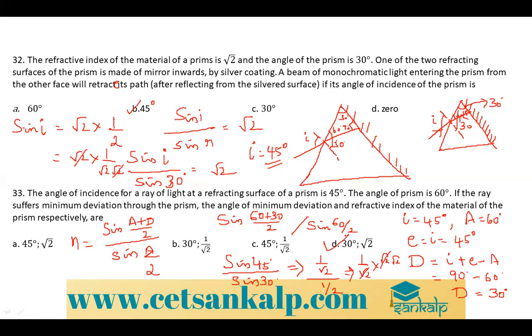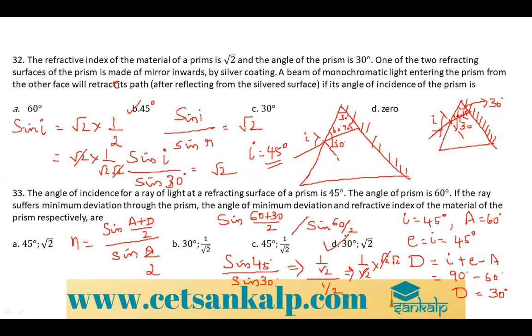As you know, since the ray undergoes minimum deviation, the angle of emergence from the second face also will be equal to the angle of incidence. So what is the angle of incidence, 45 degree, that means the angle of emergence also will be 45 degree only.